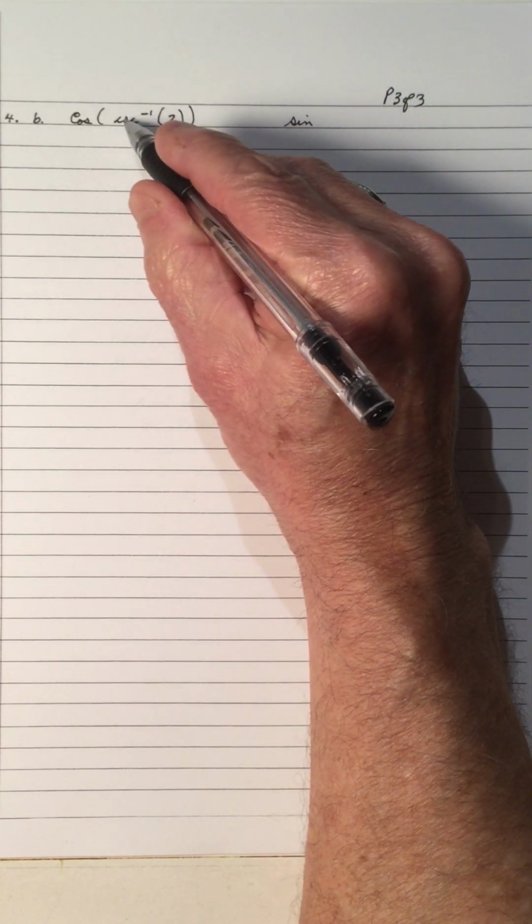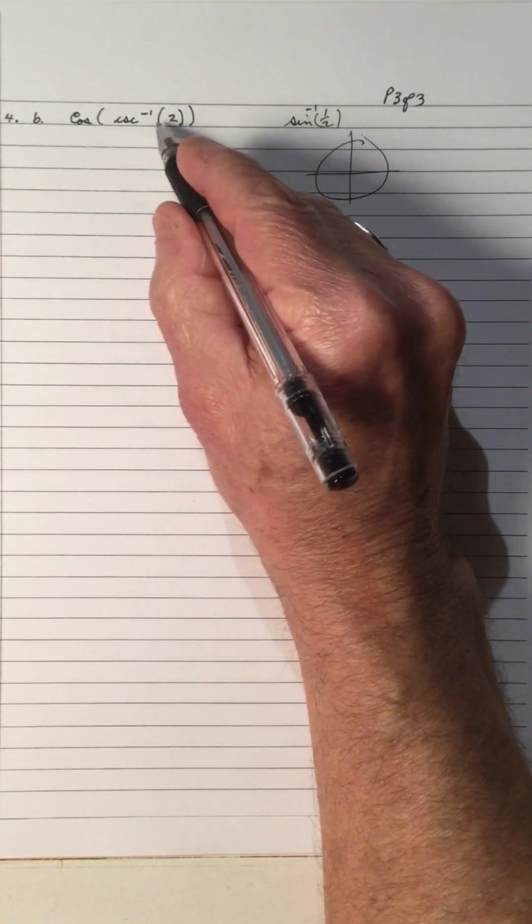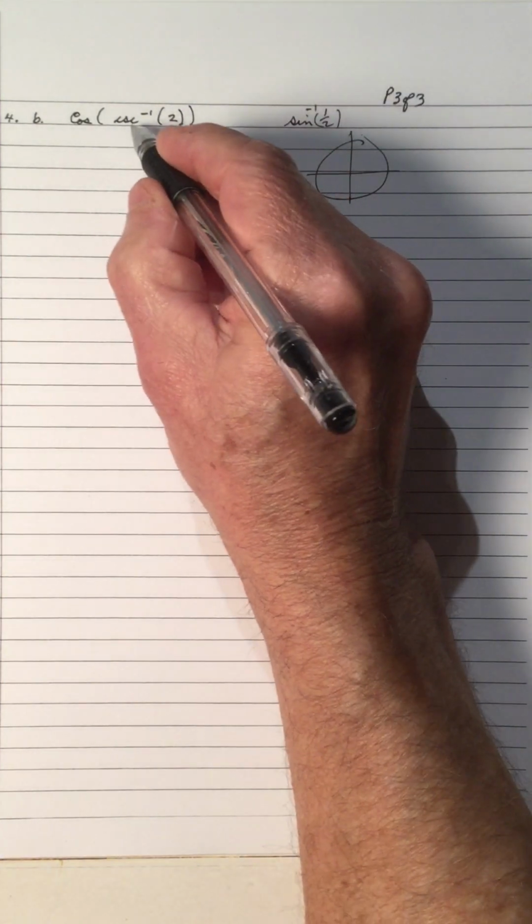the reciprocal of cosecant is sine. Reciprocal of 2 is 1/2. So sine to the -1 of 1/2. Let's see where we are. Sine, this is positive. So this is cosecant.